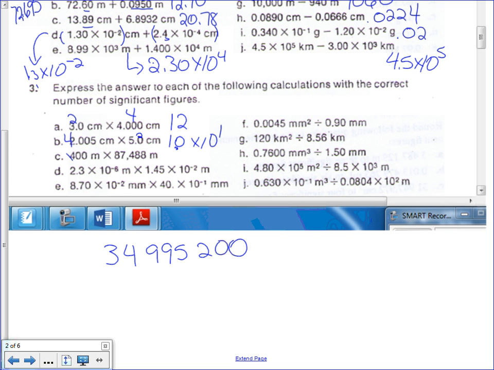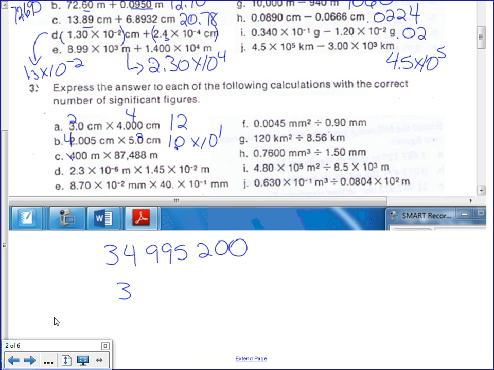So if we're thinking about this in terms of money, if I owe you almost $35 million, could we just say, there's $3, I rounded, it's okay? No. 34,995,200 is actually going to round down to 30 million.